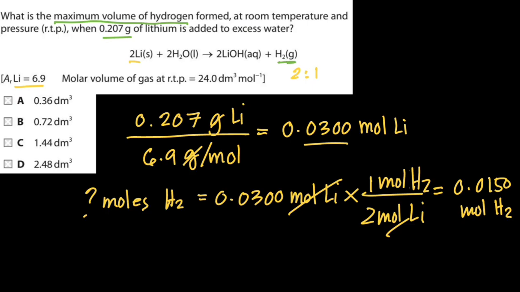All right, so we already have the number of moles of hydrogen here, and we are asked for the volume of hydrogen. And we're also given here the molar volume of gas at room temperature and pressure. So this is what we're going to do. We multiply the number of moles of hydrogen that we calculated by the molar volume of gas at room temperature and pressure.